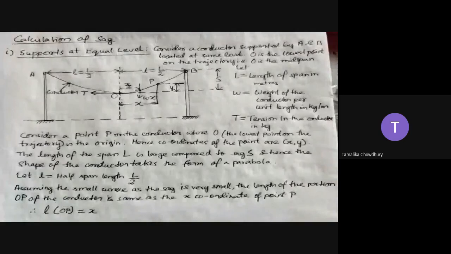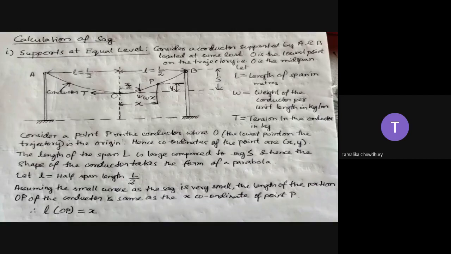Now why are we calculating y? Because if I know y, the position at the point P up to which that point undergoes the sag, we can find the total sag from the point B. So if I know y, I can calculate S. How?